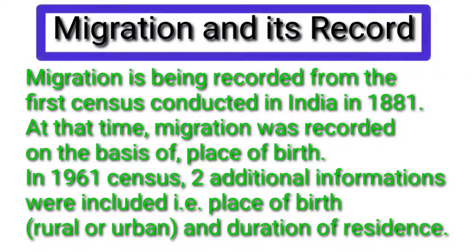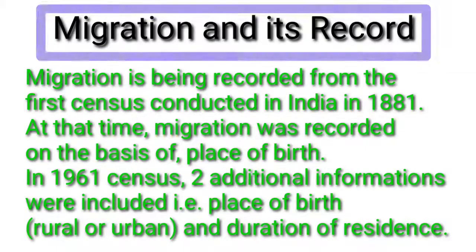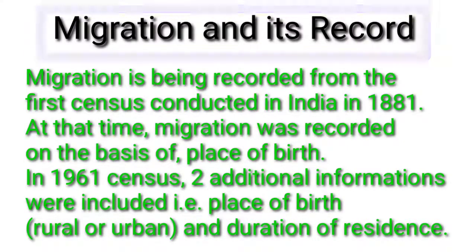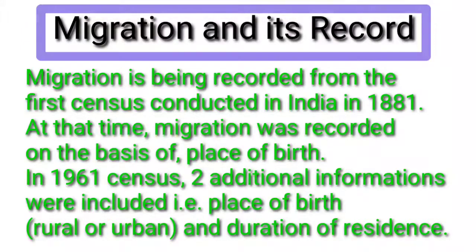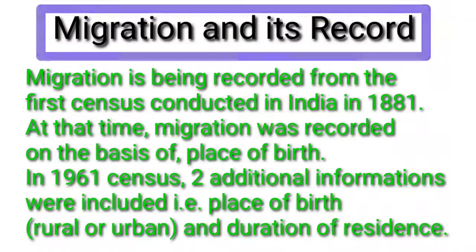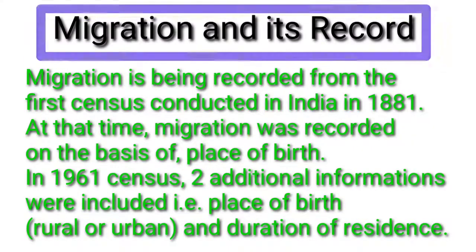Now, migration and its record. Migration is being recorded from the first census conducted in India in 1881. At that time, migration was recorded on the basis of place of birth. In 1961 census, two additional informations were included, that are place of birth, rural or urban, and duration of residence.